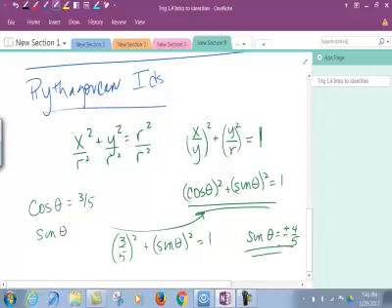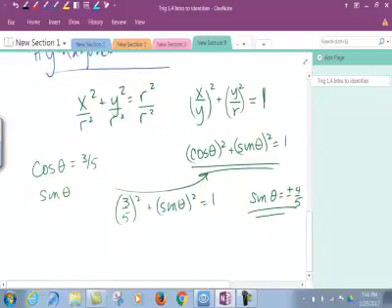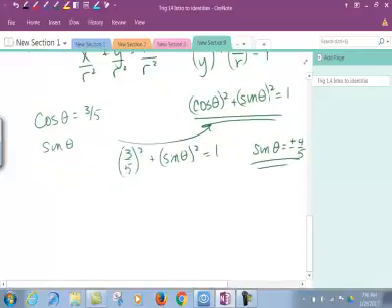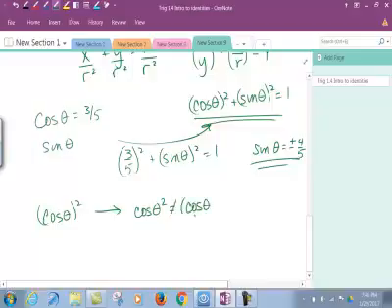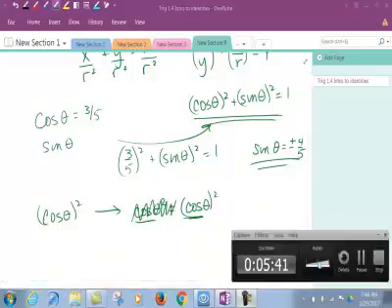Before I go on to the last two Pythagorean identities, I just want to make a note. We get tired of writing cosine theta squared. Math people developed a shortcut, because we don't want to just write cosine theta squared, since that's not the same as cosine theta, quantity, squared. One is squaring the angle, the other is squaring the cosine value. So we don't want to leave the parentheses off, but we get really tired of writing them.